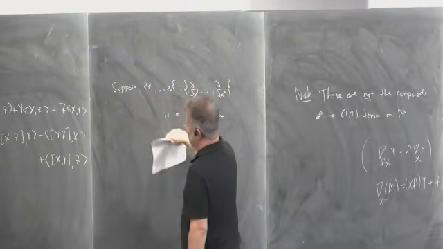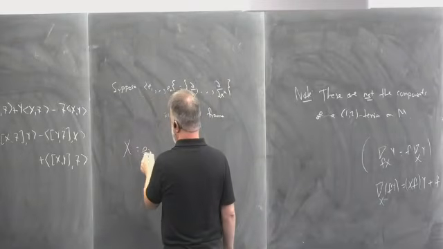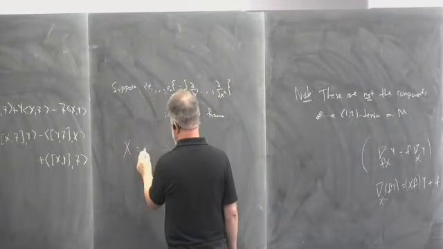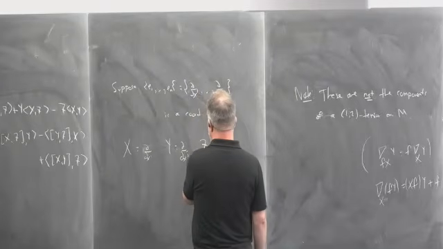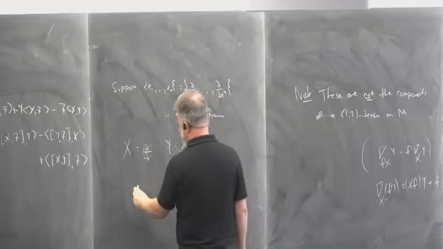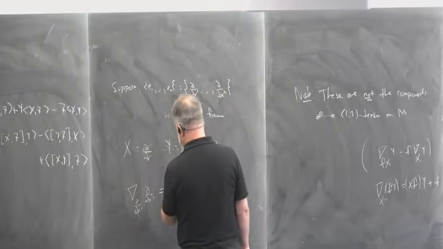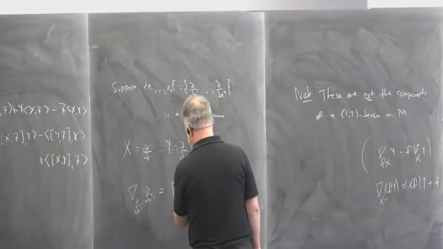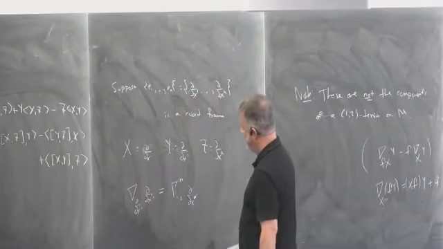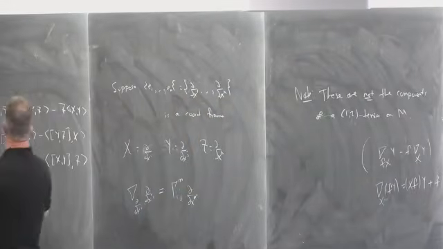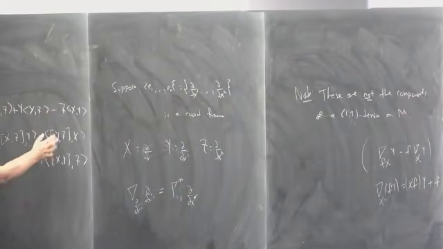Because if I let X be ei, which is d/dxi, Y be d/dxj, and Z be d/dxk, then I've got nabla_{d/dxi} applied to d/dxj. That's equal to gamma^m_ij d/dxm, sum over m. So if I put that in here, the first thing to note is that all the Lie brackets will go away because the Lie bracket of coordinate vector fields is 0. That's the advantage of a coordinate frame.